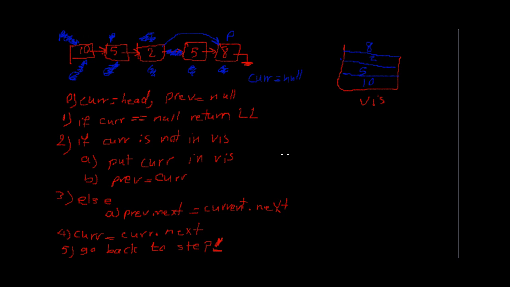So what you have made so far is 10, 5, then 2, and this 2 is looking at 8. Okay, so 2 is looking at 8, and then 8 is looking at null. And that's the linked list without any duplicates.